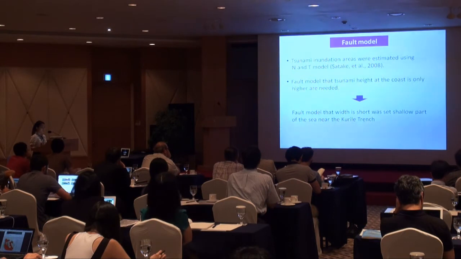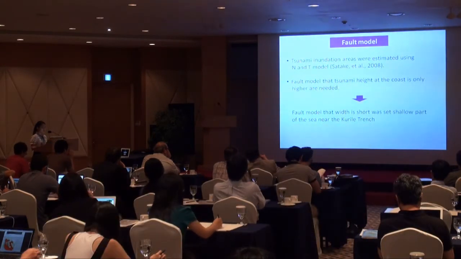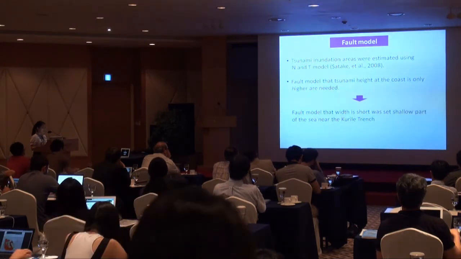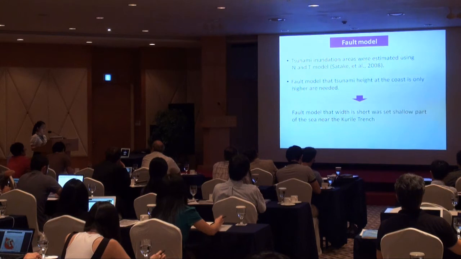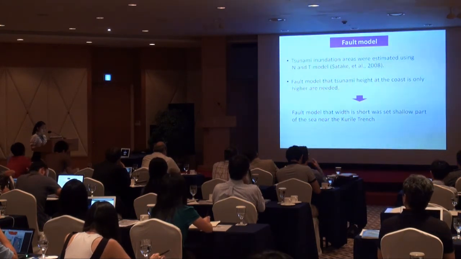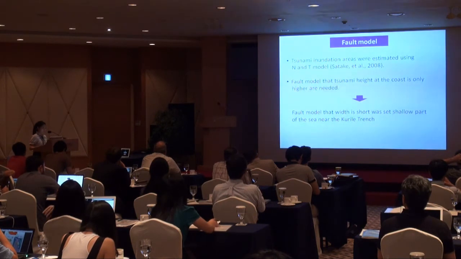About the fault model, the tsunami inundation area was already estimated using the N and T models of Satake's paper. So a fault model that makes the tsunami height at the coast higher is needed.